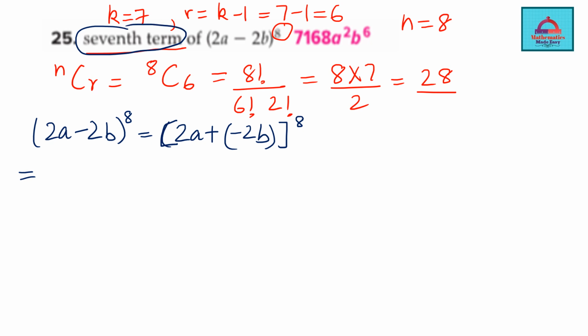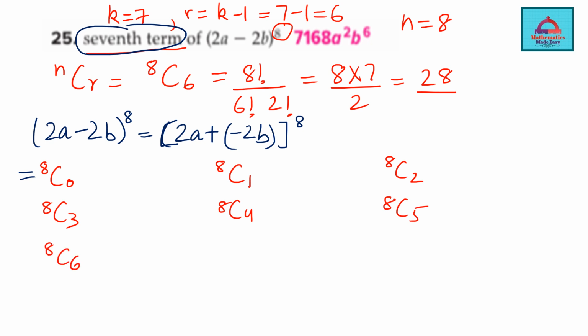Now, because you already know the method, I will write the binomial coefficients quickly. So we start from 8C0, then 8C1, then 8C2, then 8C3, 8C4, 8C5, 8C6. I'm writing till 8C6 because that is the seventh term, which we have already calculated, 28.